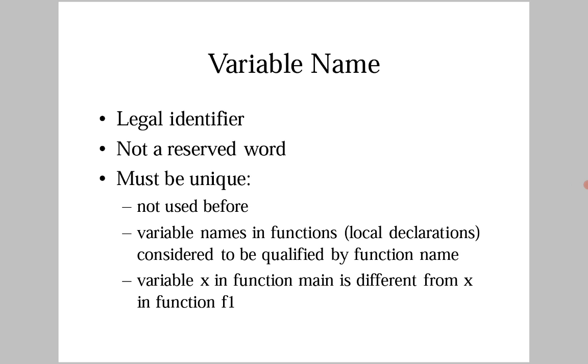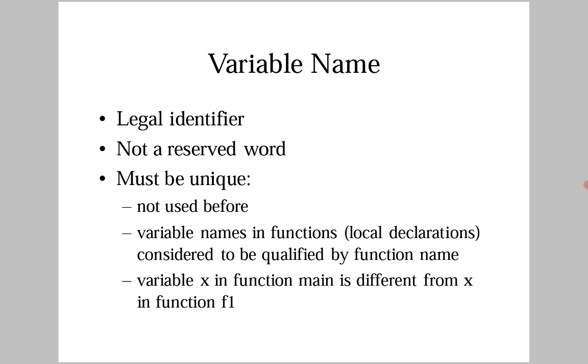Variable x in function main is different from x in another function. So the first rule is that a variable name should not be a reserved word or keyword, and it should be unique and not used before.